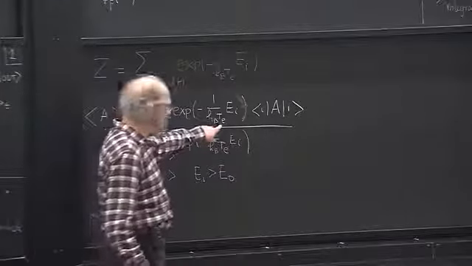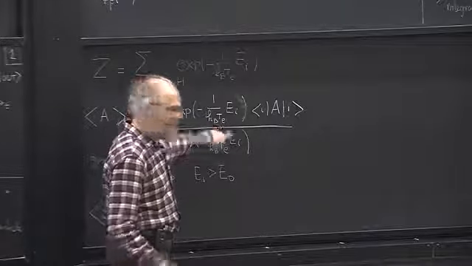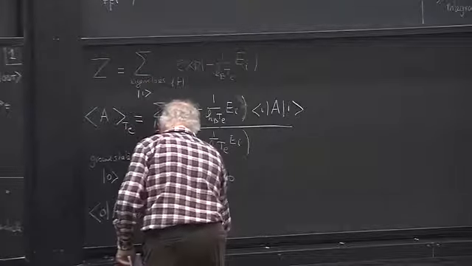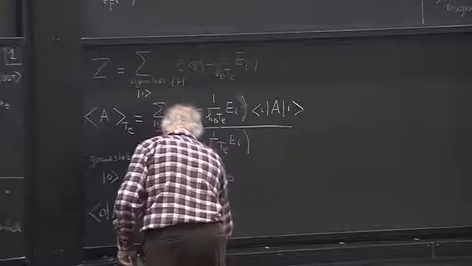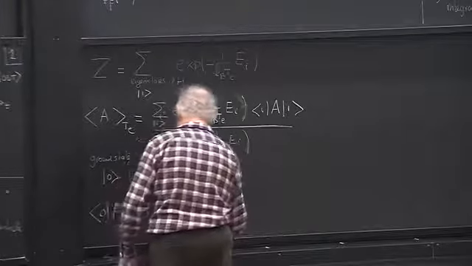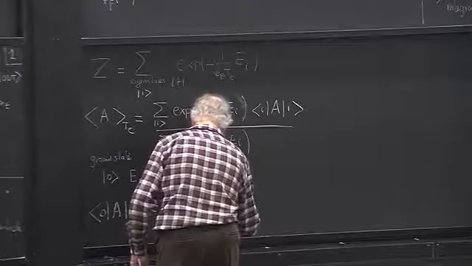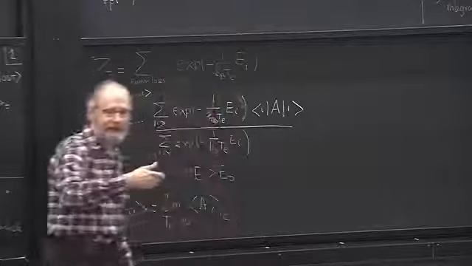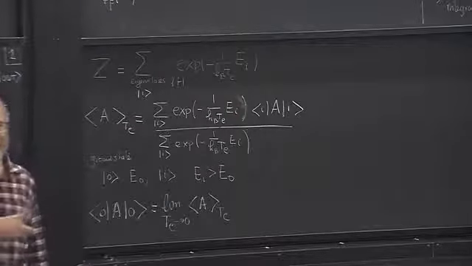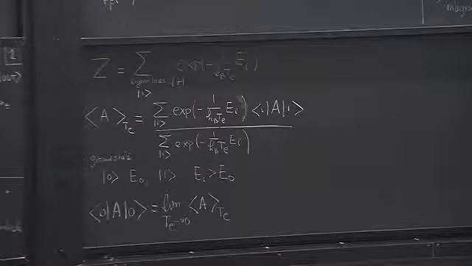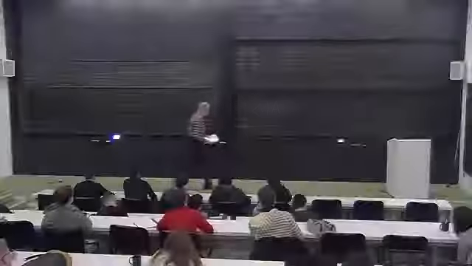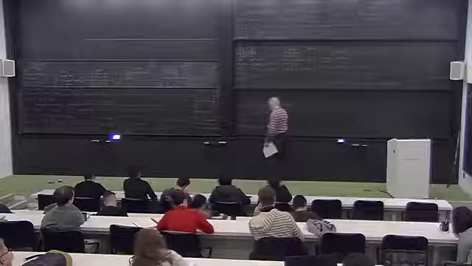You just have to take the limit when the temperature goes to 0, because when the temperature goes to 0, of course, the system stays in its ground state. It has no energy fluctuations to go to the excited states. Okay, so this is a very general recipe.